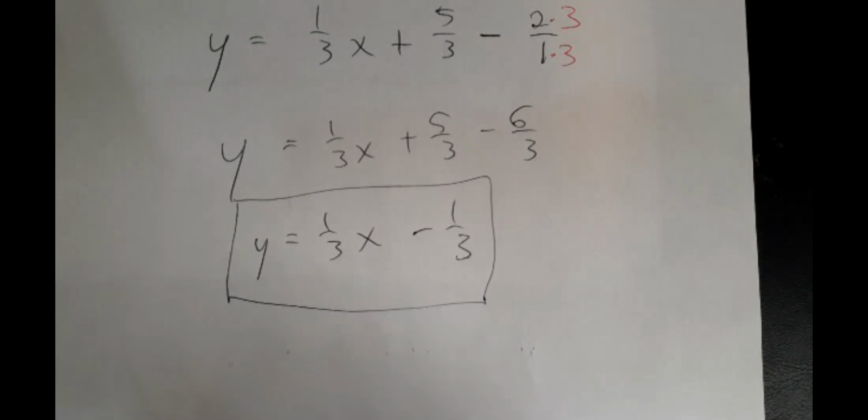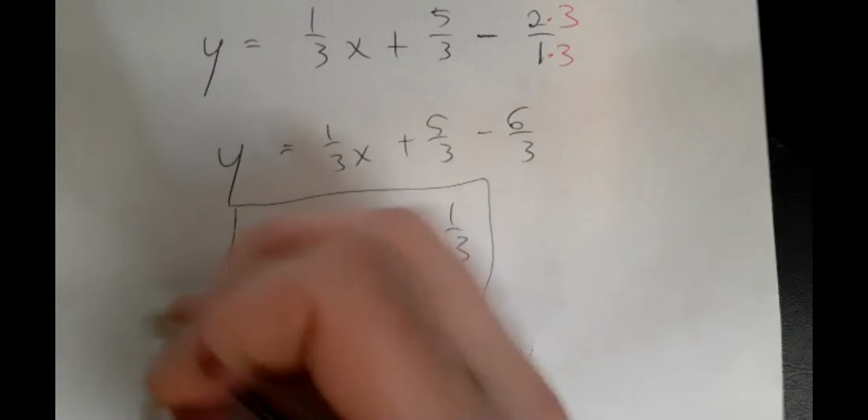Okay. Where are we at? So after we find this, the next thing they want us to do is to check it with the point, what is it? Minus 5, minus 2.